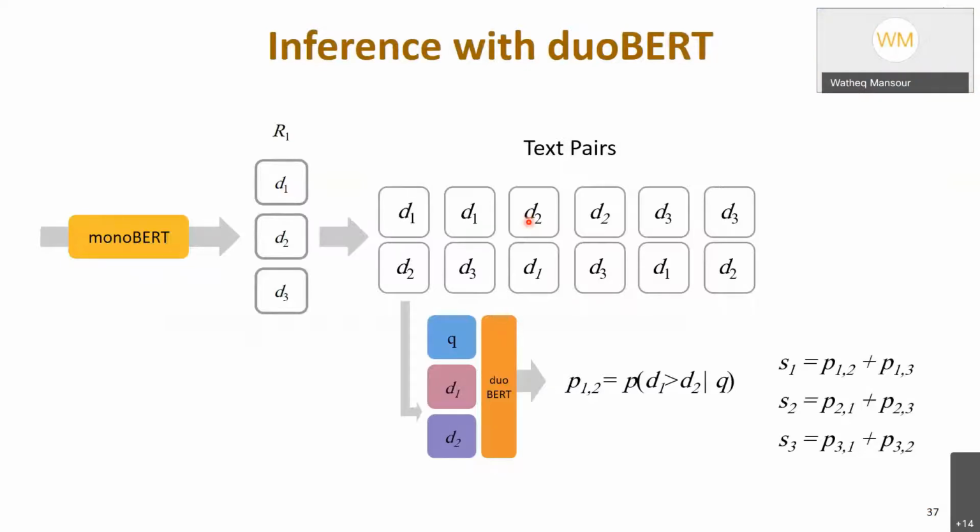Any other questions? Yes, Bashir. Doctor, why do we take D1 and D2, then we take D2 and D1? Very good question. Ideally, we wouldn't have both, right? But the model was trained that way.